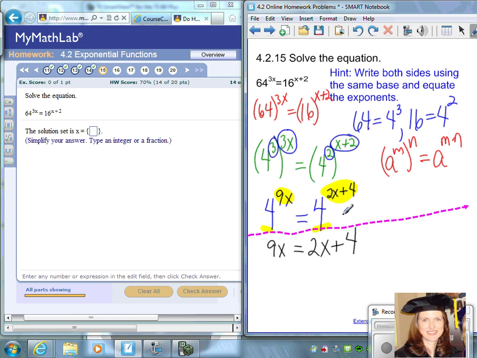Solve this for x. Let's subtract 2x from both sides, and you get 7x equals 4. Divide by 7 on both sides, and you get x equals 4 over 7.